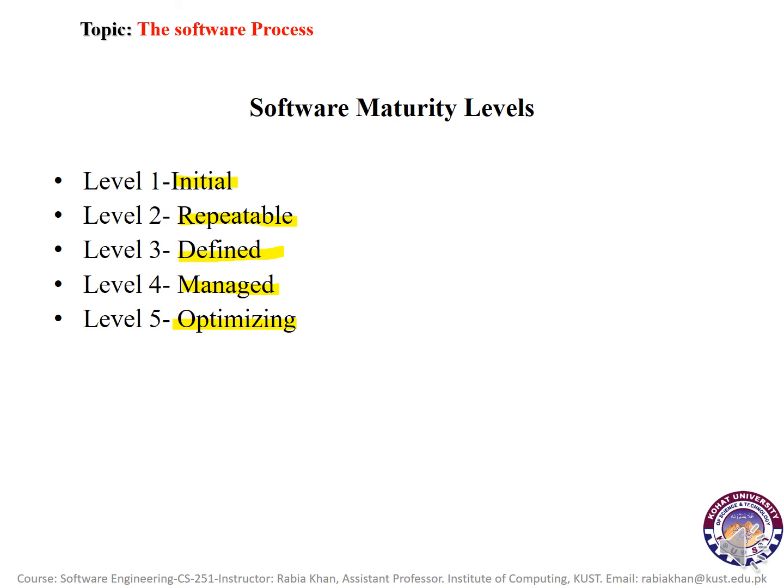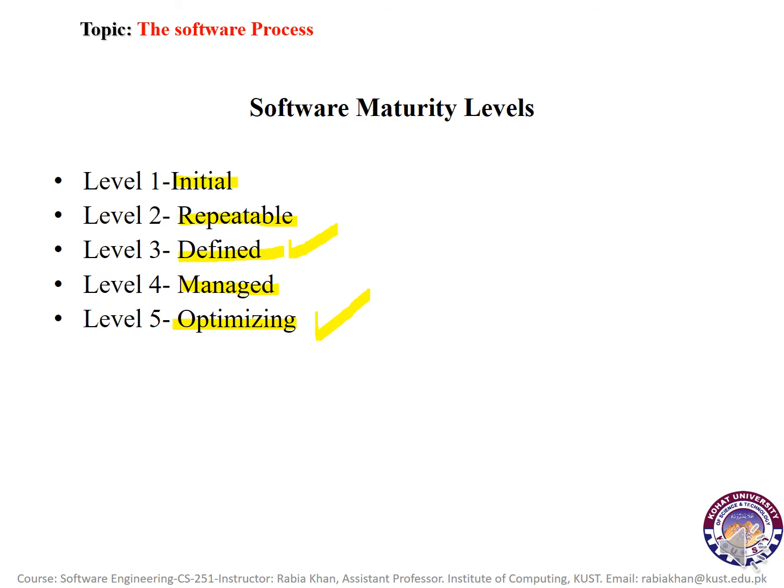So if an organization is constantly taking customer feedback on projects, that means the company is at process maturity level number 5. If a properly defined and documented process has been followed in every project, that means the company is at level 3.